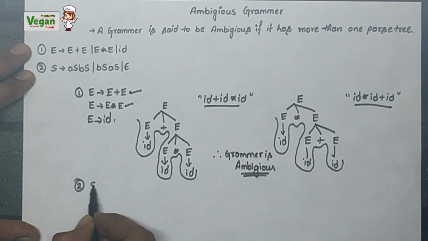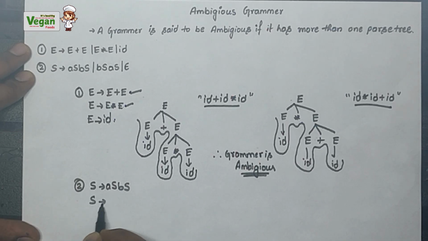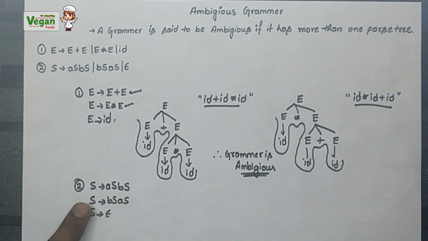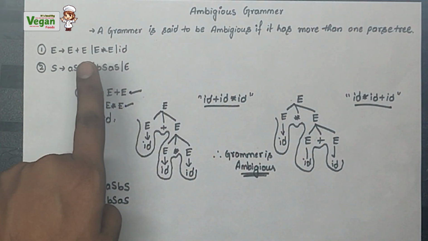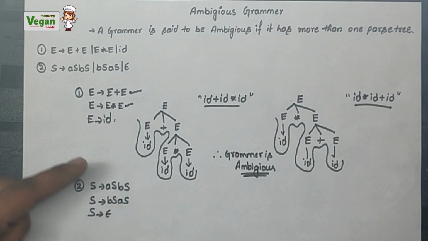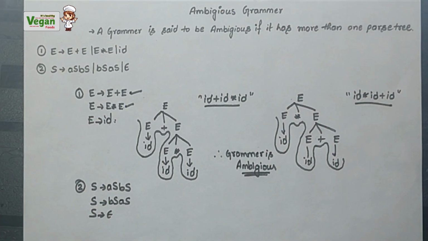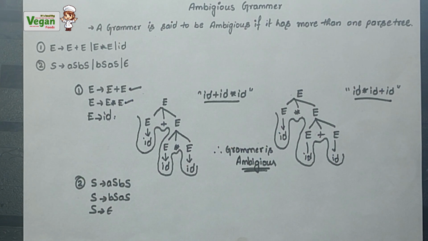So what is my second question? S producing ASBS, S producing BSAS, S producing epsilon. I wrote it like this because the left hand side is the same, so they have written it in a single line itself. These are three separate productions, so I represented them separately. Now using this, I must try to construct more than one parse tree so that I can conclude that the grammar is ambiguous.